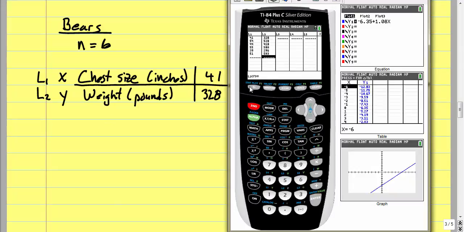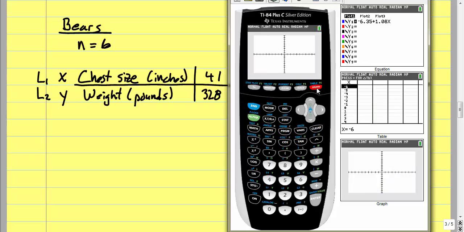So let's go back into second stat plot now. Go into that first one, make sure it's turned on. This first option is our scatter plot. My X values are L1, my Y values are L2. And we have to sometimes change our viewing window after we hit graph. This is that old linear regression line. I need to go get rid of that. So let's go ahead and Y equal and clear that one out.